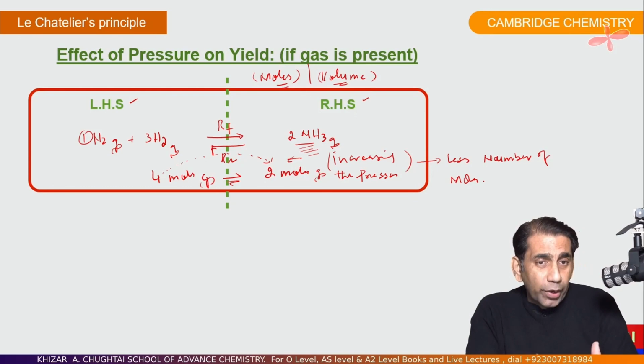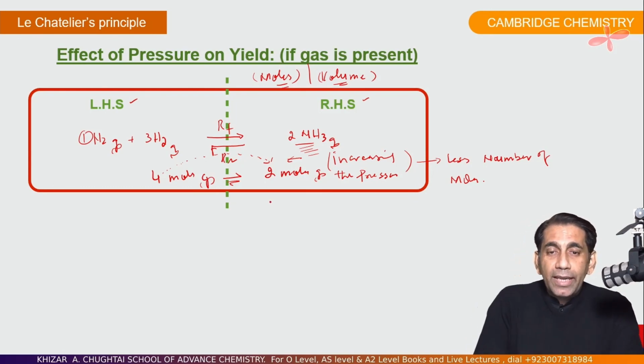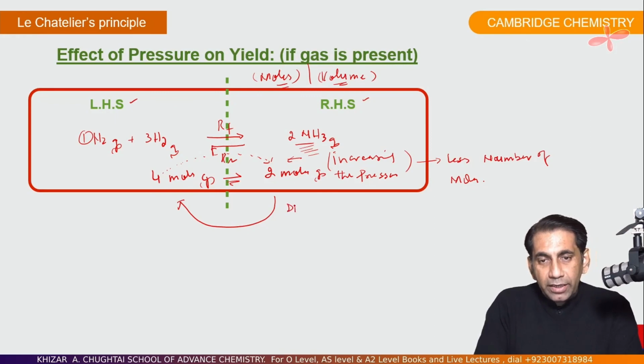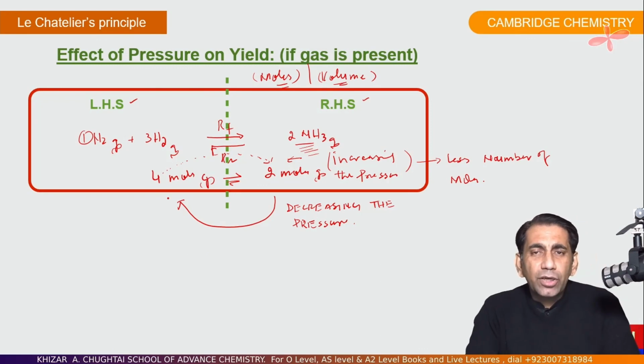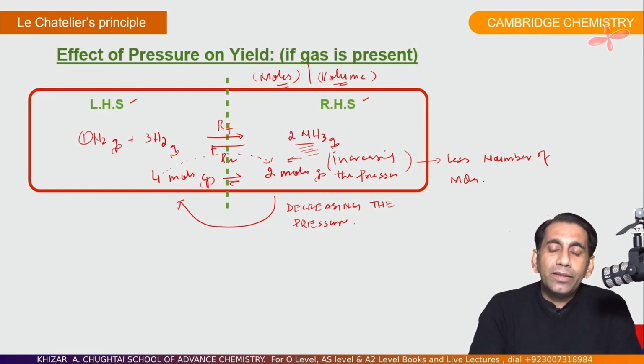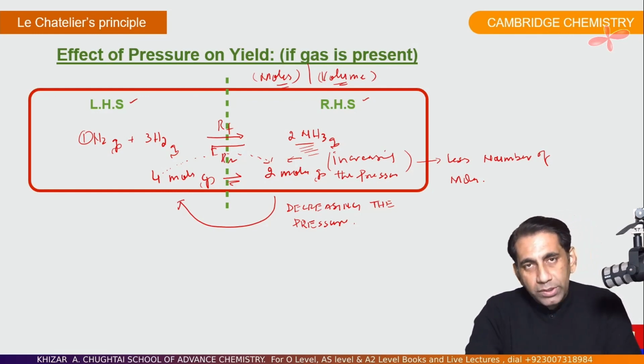If you lower the pressure, then equilibrium will shift toward the other side. Decreasing the pressure will shift the equilibrium towards where there are more volumes or more moles of the gases.